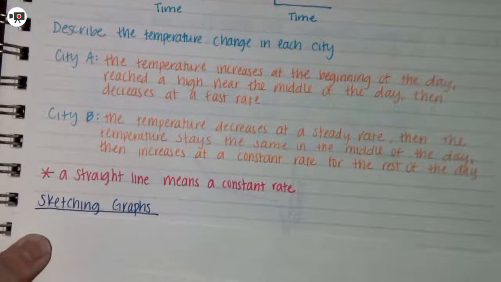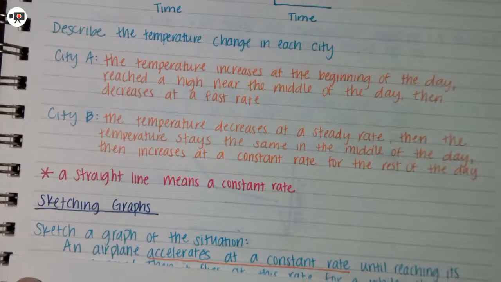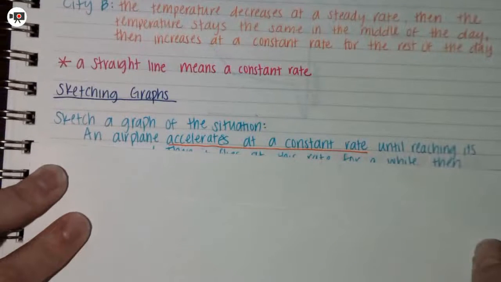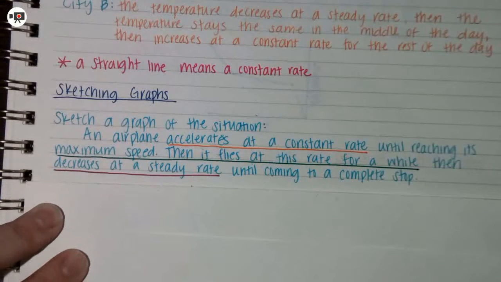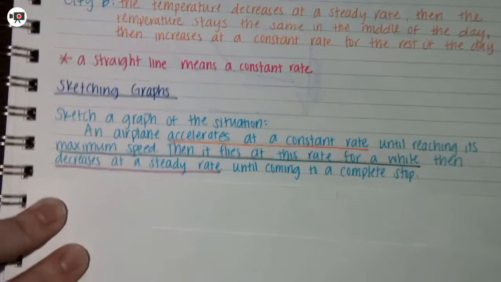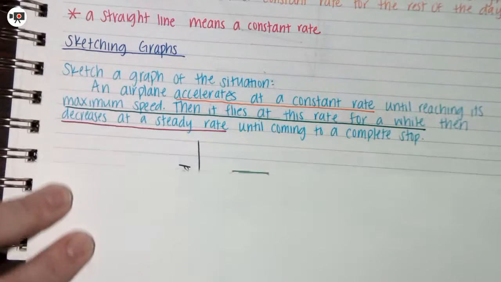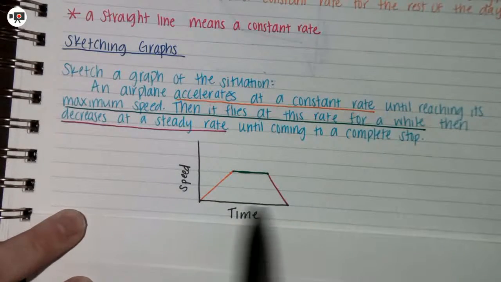If we sketch graphs, we're going to sketch the graph of this situation. An airplane accelerates at a constant rate until reaching its maximum speed. Then it flies at this rate for a while, then decreases at a steady rate until coming to a complete stop. So, I'm going to have time on the bottom.